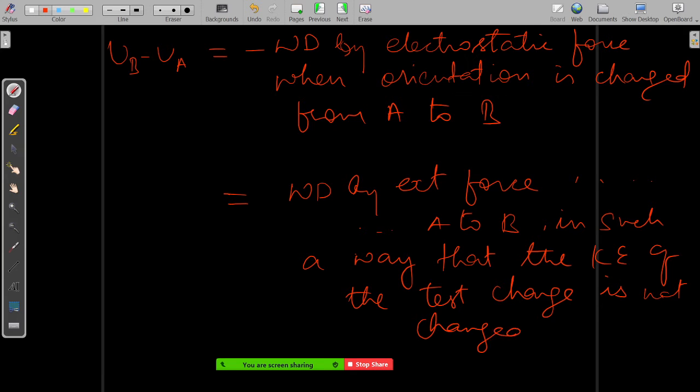Understood? So that's how you can define potential energy: the potential energy can be defined as the work done by an external force to change the orientation of a system of two charges when it is changed from the initial orientation A to the final orientation B. One second, I'll just write this out.